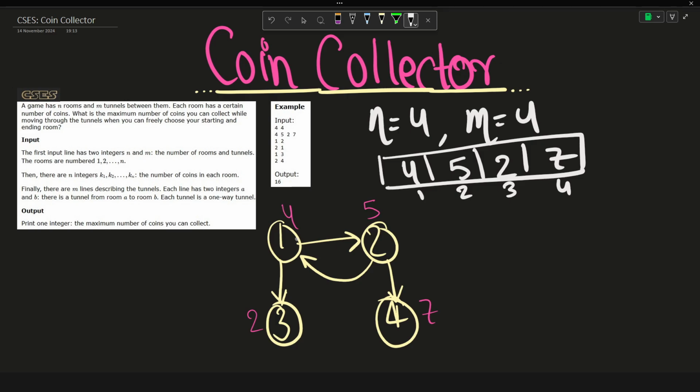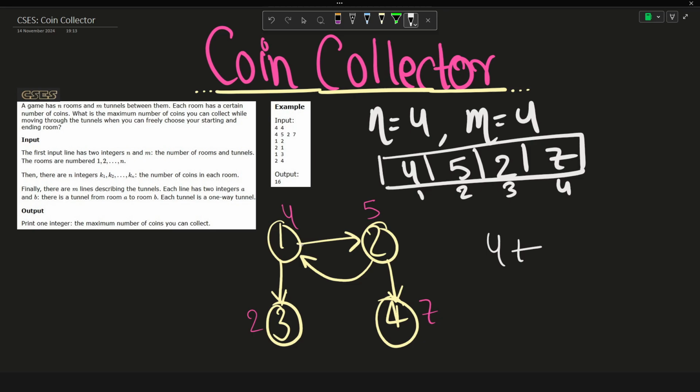So if we start from the first room, then we will be collecting the coins in the following order. We started from the first room, so we will collect every coin present in this room. In the first room a total of 4 coins are present, so we will be adding 4 to our result. Then we have two options to go from this first room: we can either go to the second room or to the third room.